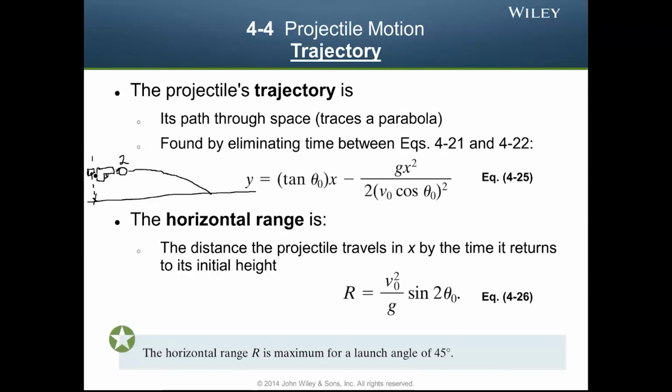The time that the bullets are in the air is the same. Because even though this has an X component propelling it forward, the Y component is the acceleration of gravity, and it affects them both equally. So the time it takes to fall from here to here is going to be the exact same time that this bullet flying out of the gun takes to go to the ground.